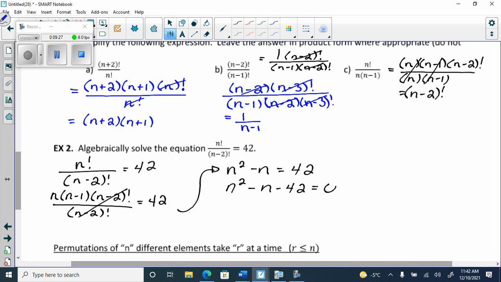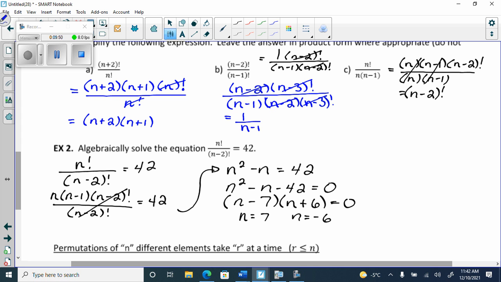So what multiplies to give me negative 42 and adds to give me negative 1? N minus 7 and n plus 6. Now this one's going to be n equals 7 and this one's going to be n equals negative 6.